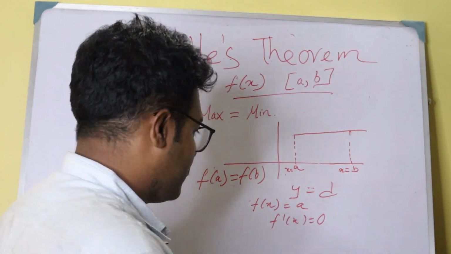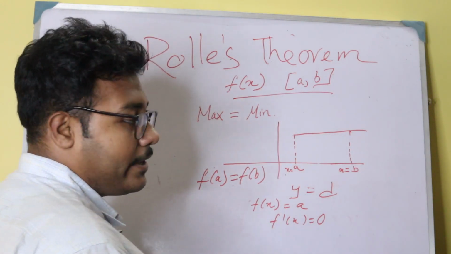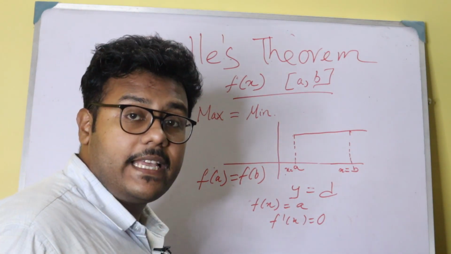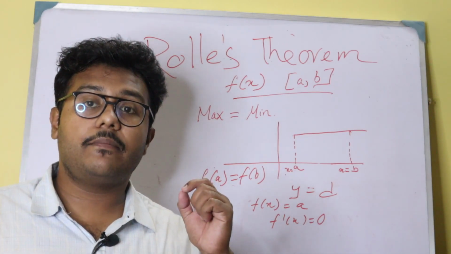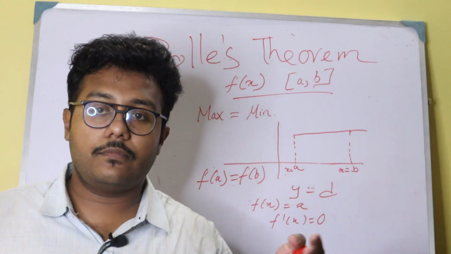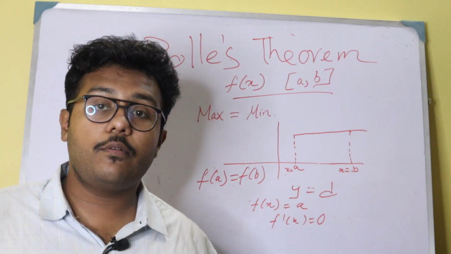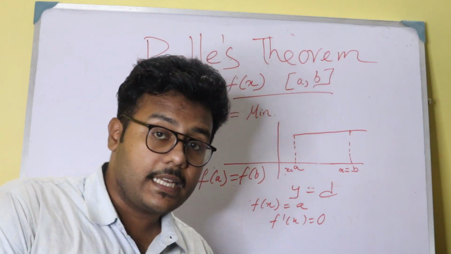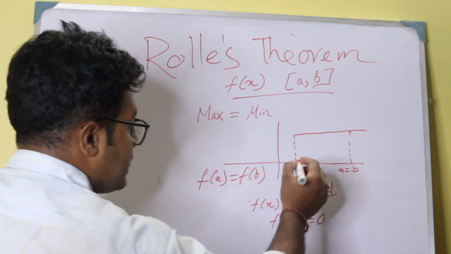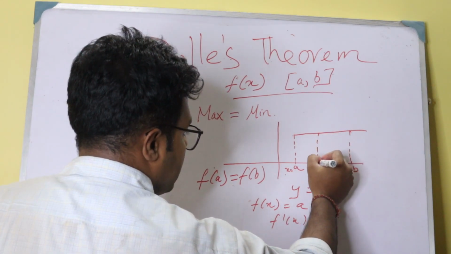Now what we are saying is that there will be at least one point C within A and B, the closed interval AB, in which f dash of x will be 0, right? Now suppose that this is the point C.